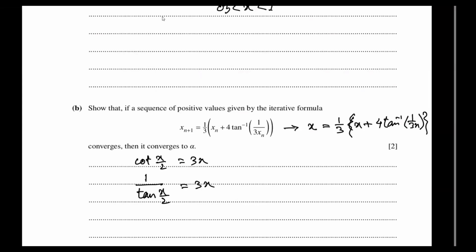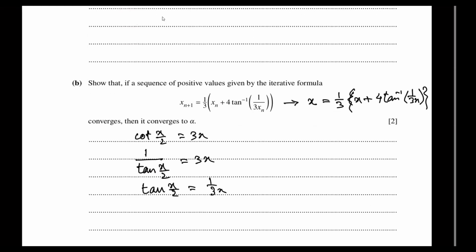So we have tan x by 2 equal to 1 by 6, and x by 2 is equal to tan inverse 1 by 6.